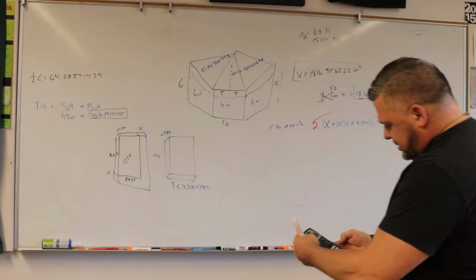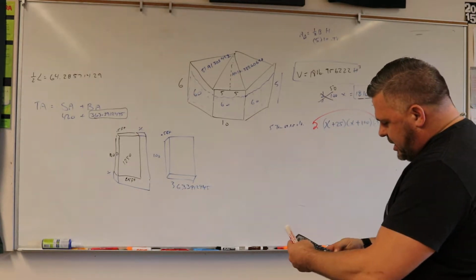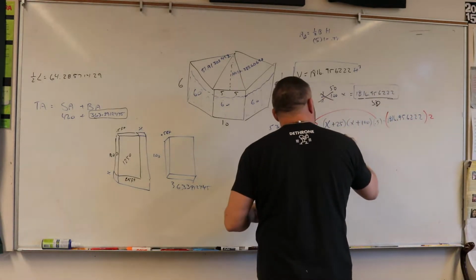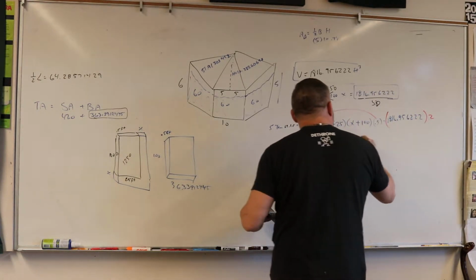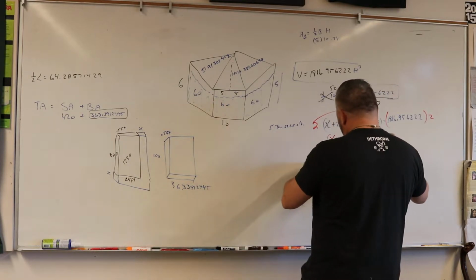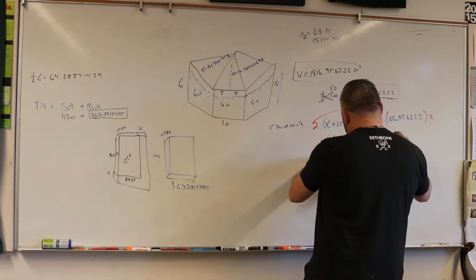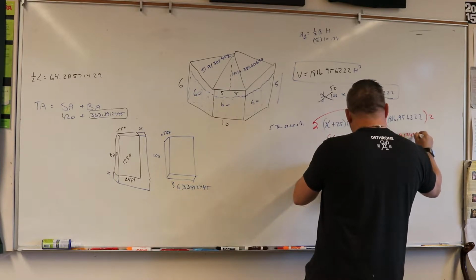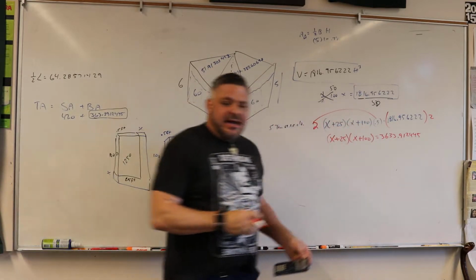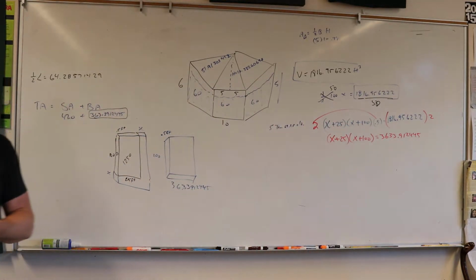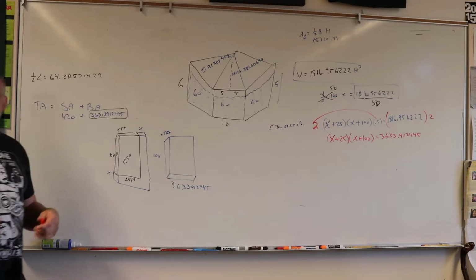Like that piece, I just say times 2 equals. So, x plus 25 times x plus 100 is equal to 3633.912445. Okay? Just numbers. But this is the hard part to this problem.